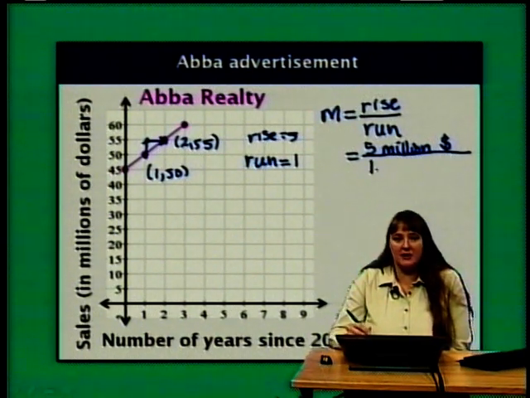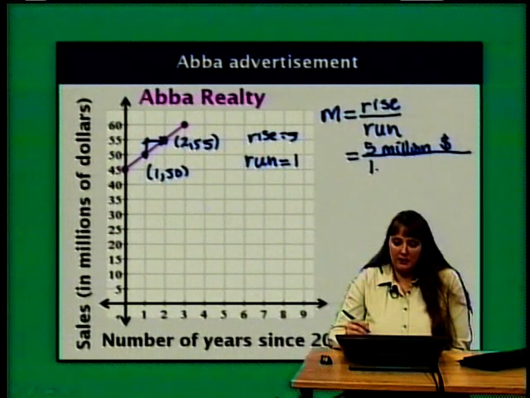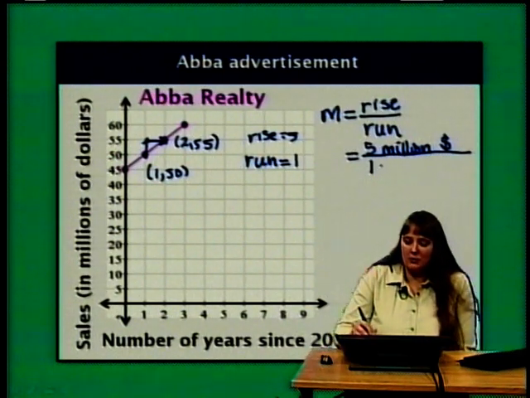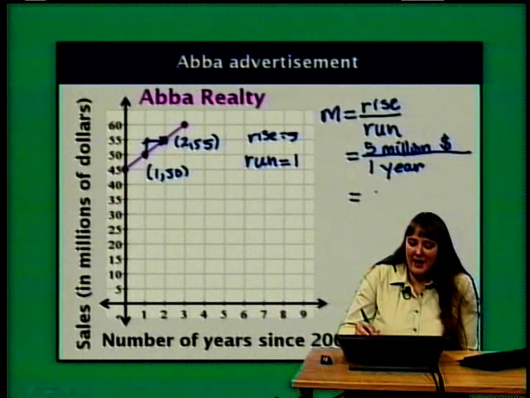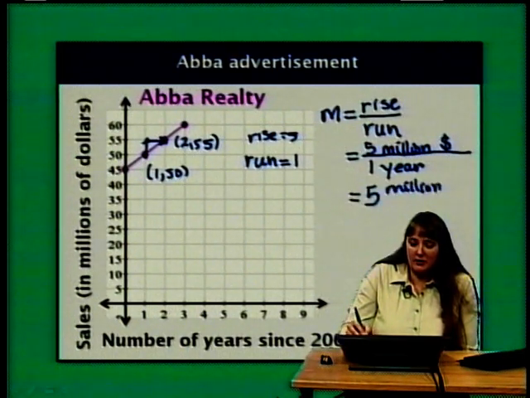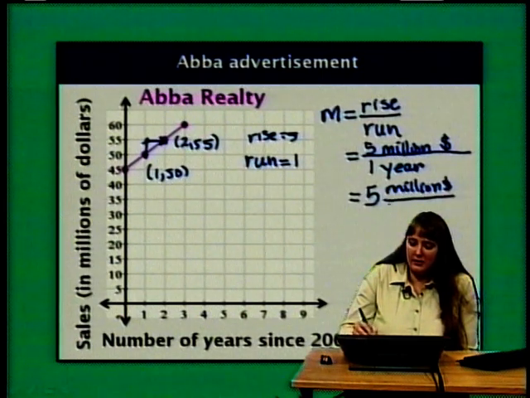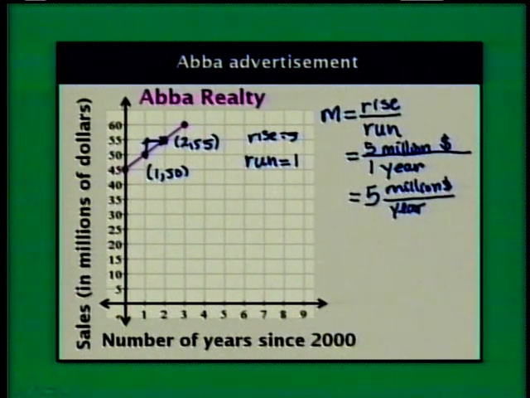If I look at the horizontal axis, we're looking at number of years since 2000. My units are years, so this is 1 year. 5 divided by 1 is just 5, so I have $5 million per year. So it looks like ABBA Realty sales are increasing at a rate of $5 million per year.